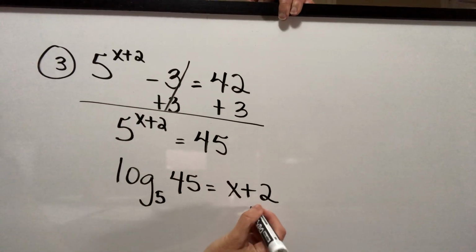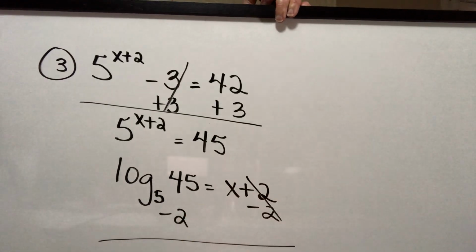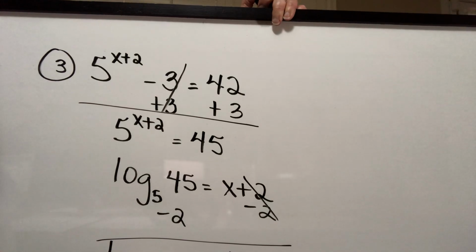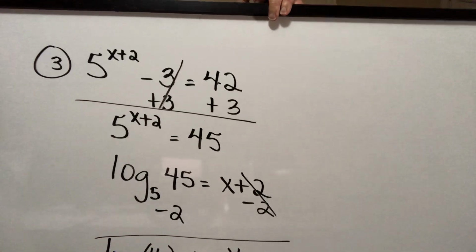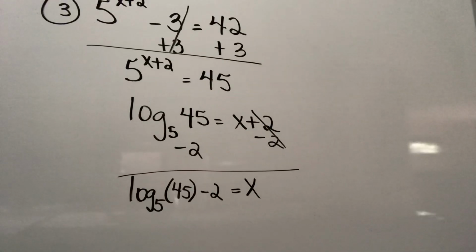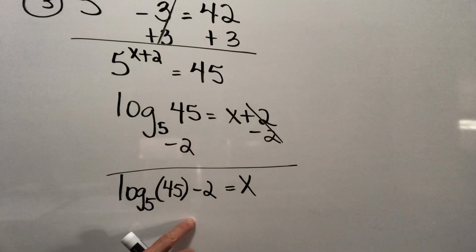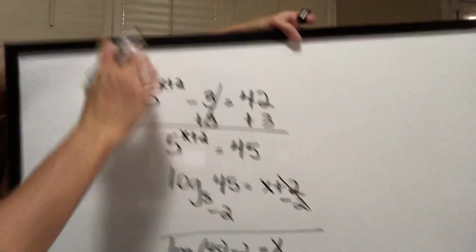So what we would have to do is subtract 2 from both sides to get x. So x will be log base 5 of 45, and then we'll have to subtract 2 once we get to the calculator. So this is what we're going to be putting in our calculator in just a minute. Log base 5 of 45 minus 2. So let's go do that.